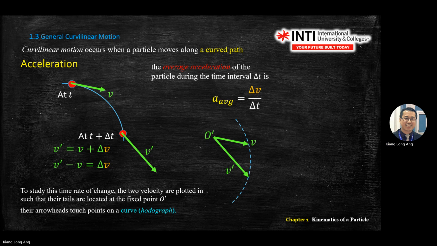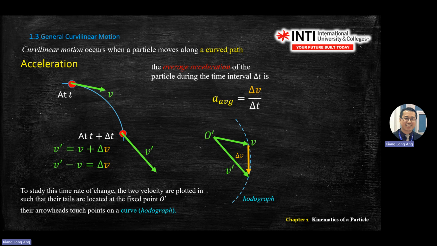Then there is a delta V. So this one is the initial from the center to that velocity, center to that velocity. Then this is the change of velocity. By using this principle, you take from start to end. You take this one plus this one equal to this one.